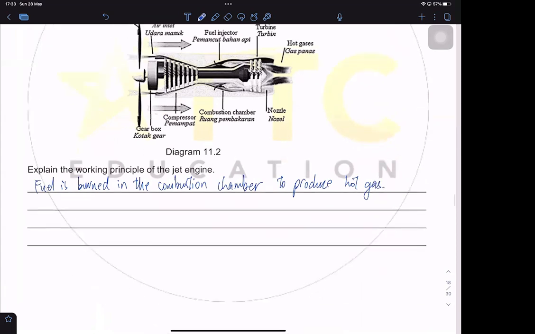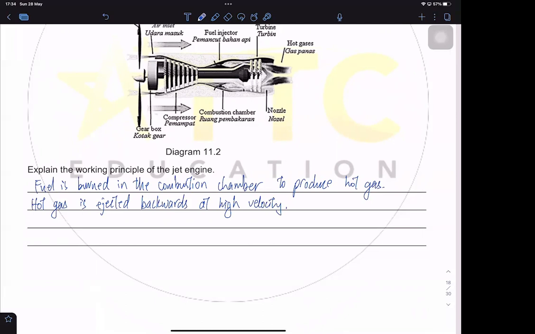So you start like this. You say that the hot gas is exhausted or ejected. Okay, don't say exhausted. We use ejected because ejected can be used for other things also. Hot gas is ejected backwards at high velocity. You shoot to the back. Okay.